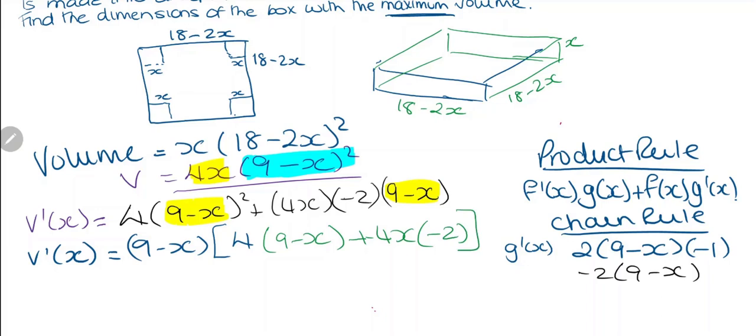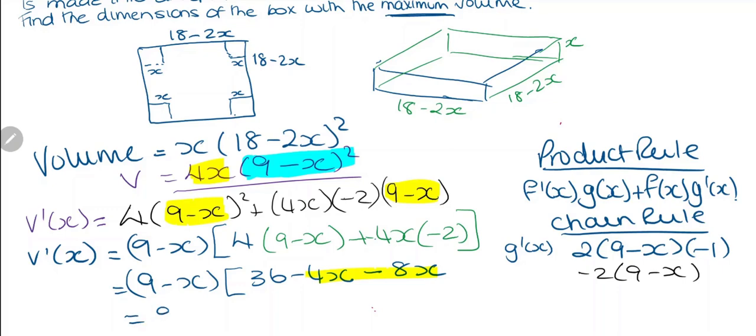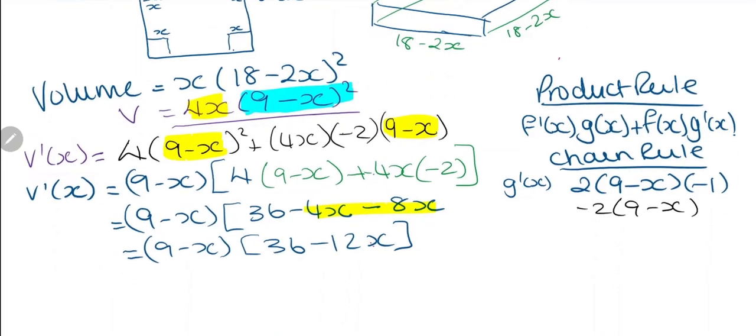So 9 minus x, and then we multiply out these brackets. So we have 36 minus 4x minus 8x. So simplifying, minus 4 minus 8, this is going to be 36 minus 12x.